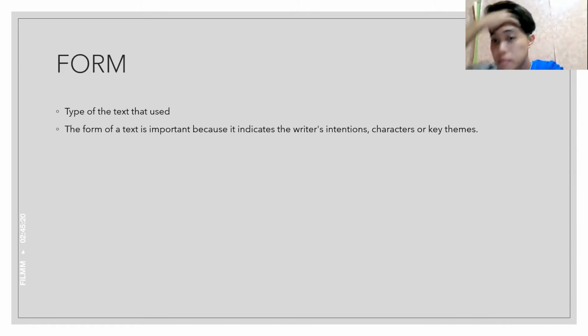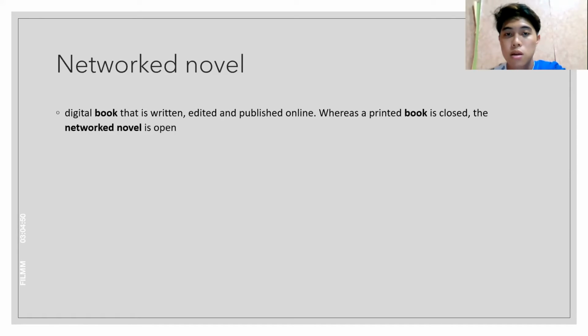The form of the text is important because it indicates the writer's character or key themes. The second is the network novel.